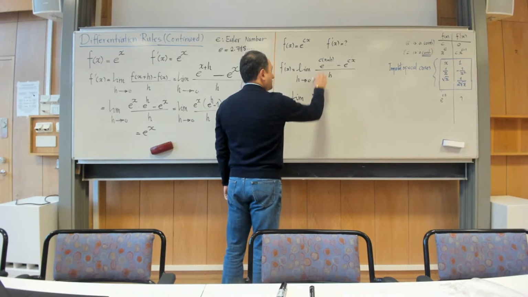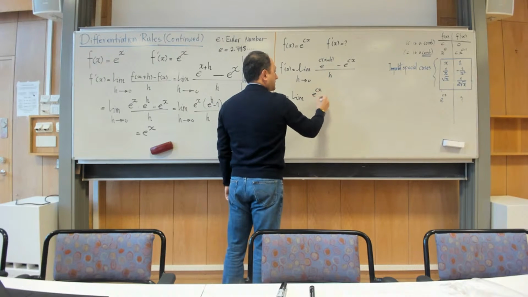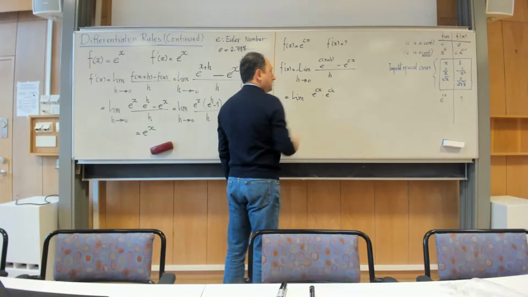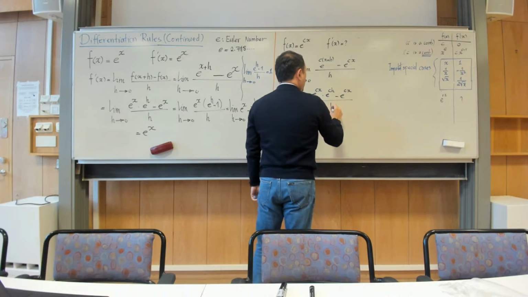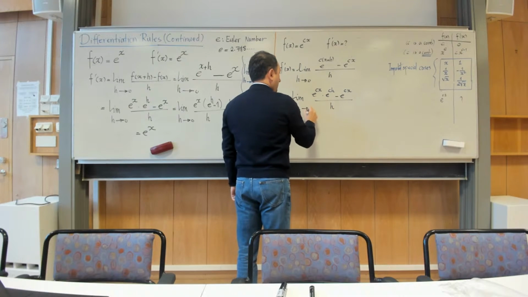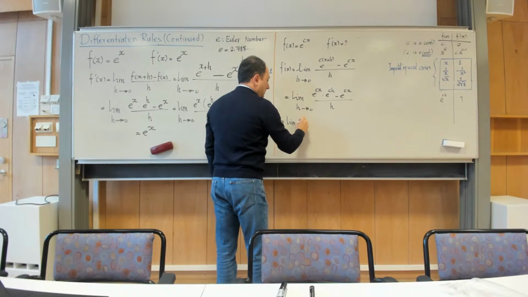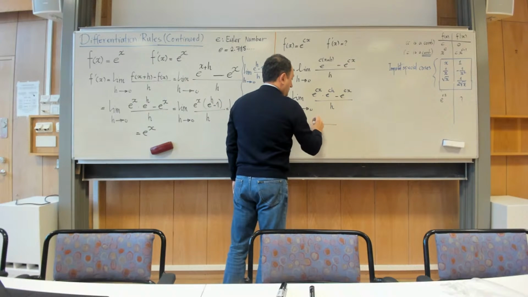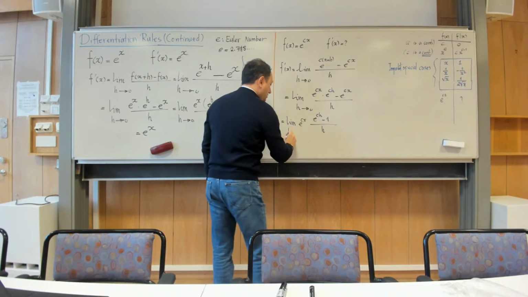So it becomes e to power cx plus ch, which I can write as e to power cx times e to power ch, and then minus e to power cx, divided by h, h goes to 0. And then I can factor e to power cx out. What is left for me is e to power ch minus 1 divided by h, h goes to 0.